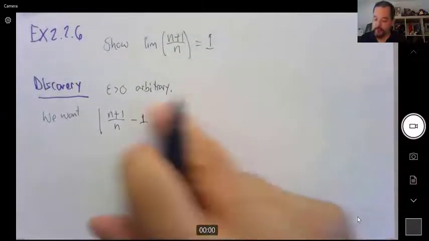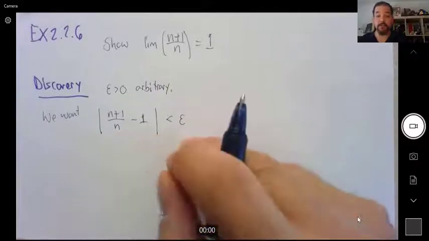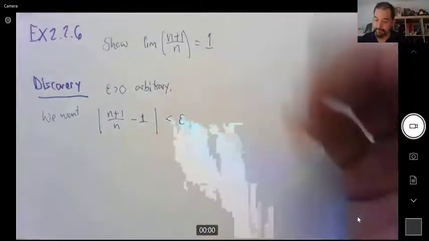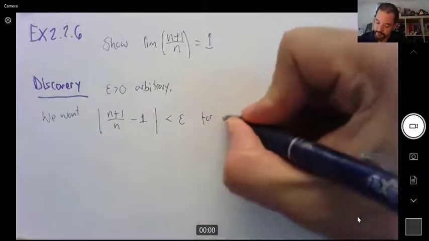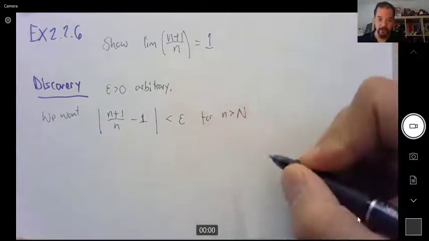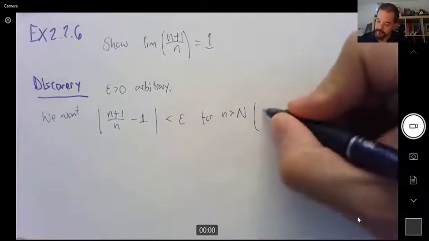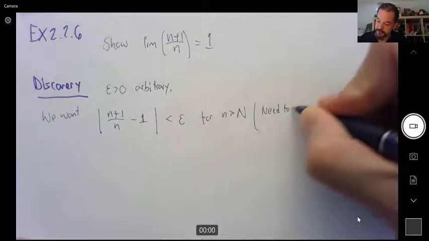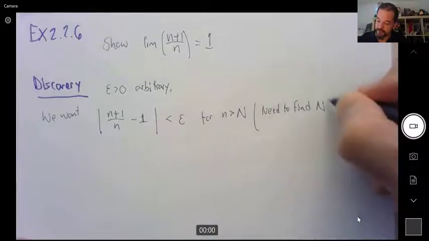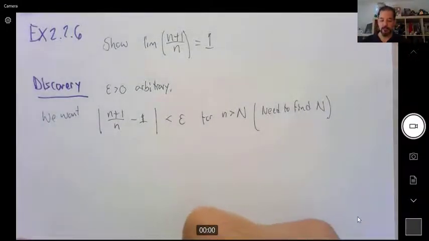And what we should do is try to reverse engineer this to find out the capital N, for little n bigger than capital N. So we need to find capital N. Okay, how do we do that?